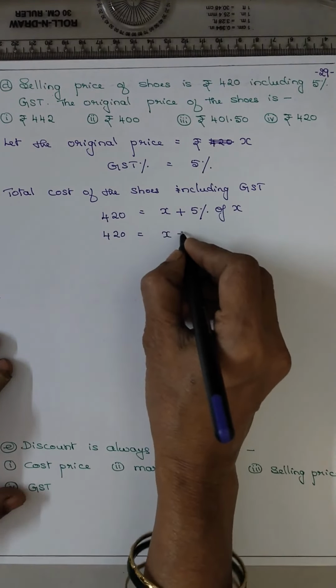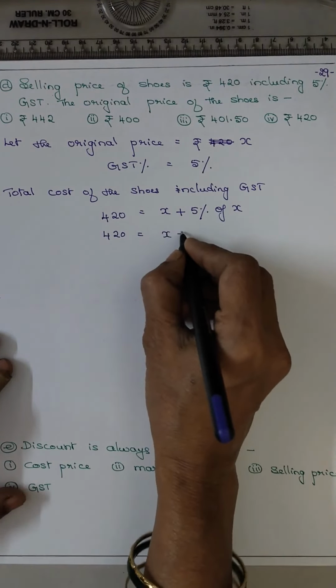So X plus X upon 20, that means if you take the LCM 20, here X will become 20X plus X. So 420 is equal to 21X upon 20.